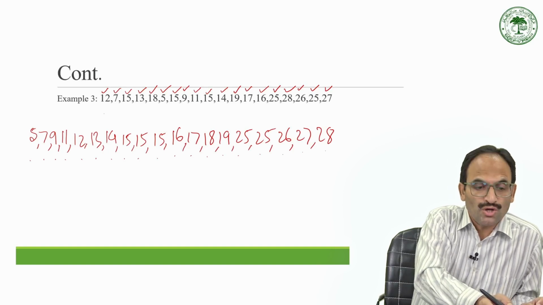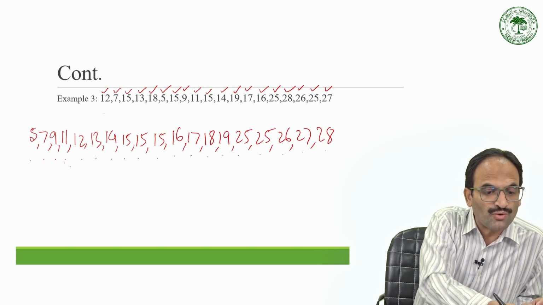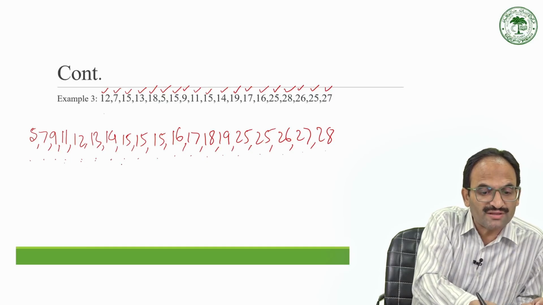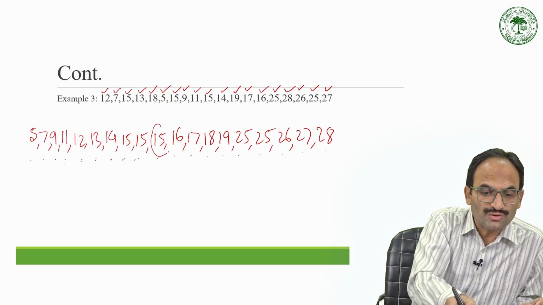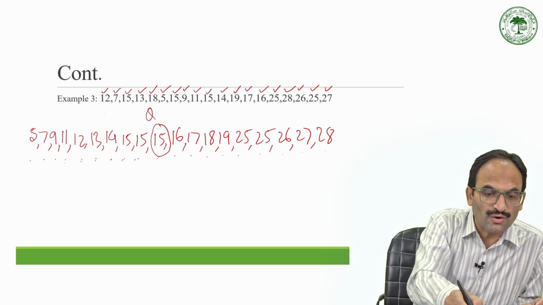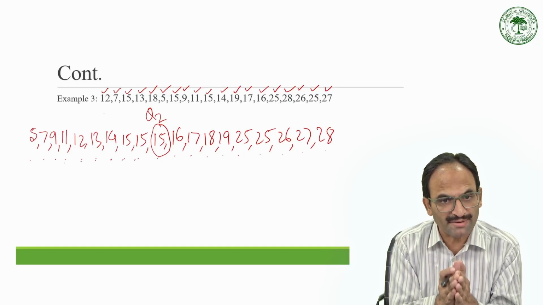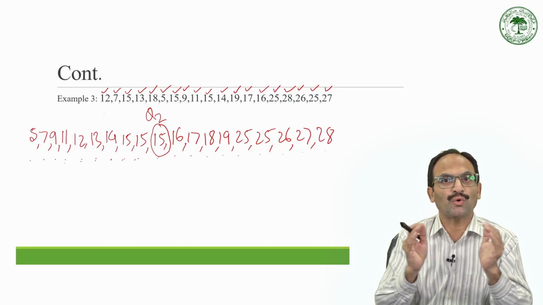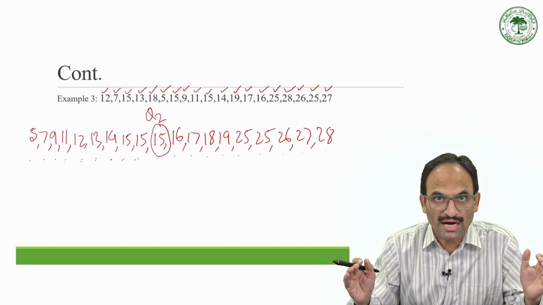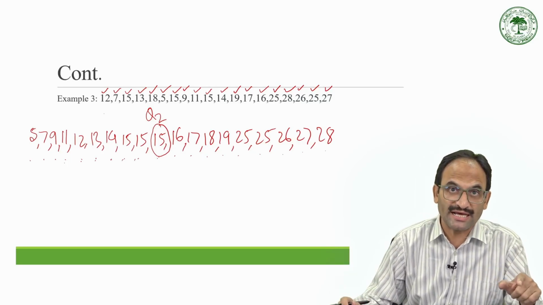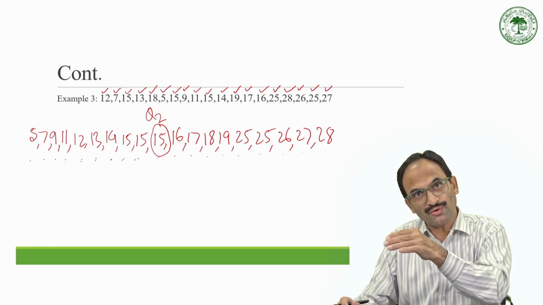So you count which one is the 10th term. So 1, 2, 3, 4, 5, 6, 7, 8, 9, 10. So this one is your Q2. 15 is such a number which divides the whole data into two equal parts. So count how many numbers are there below 15 and how many numbers are there above 15.